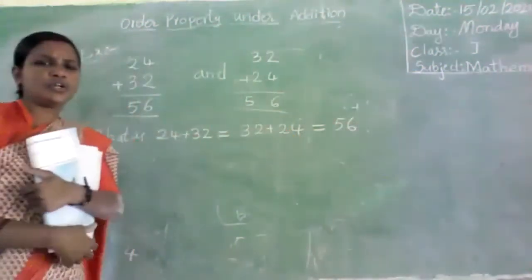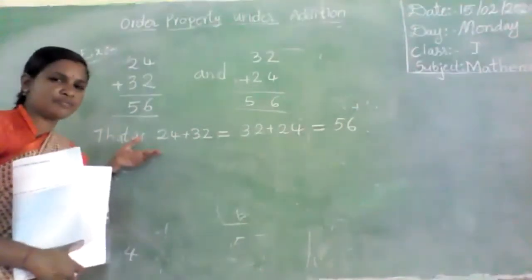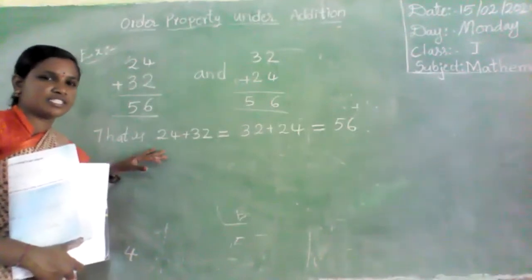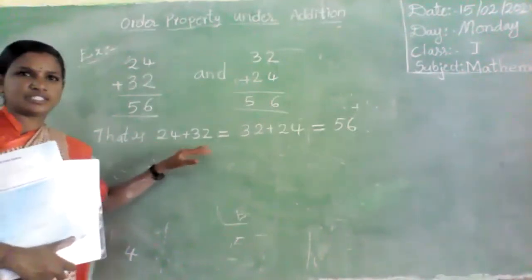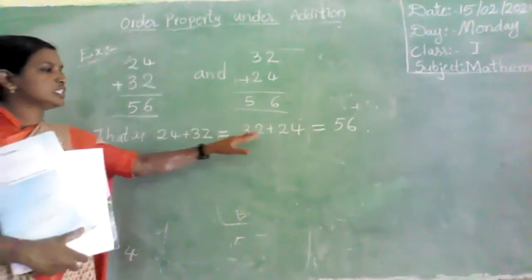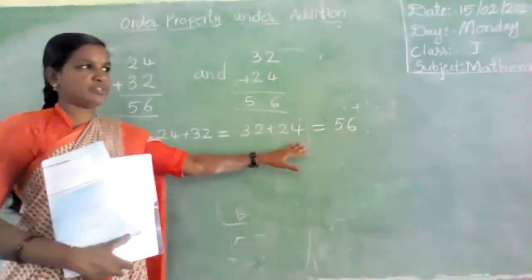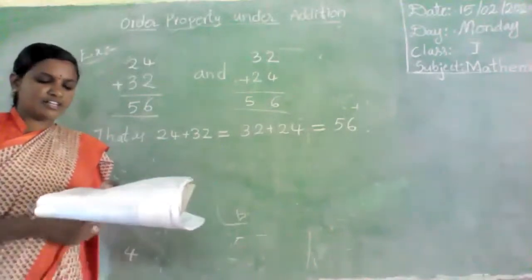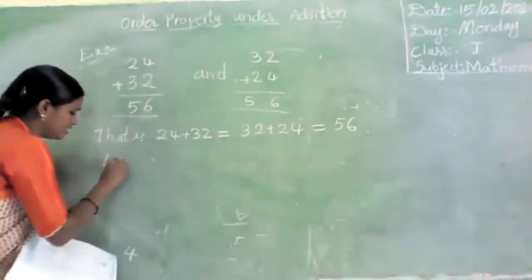So what do you notice from this exercise? See, children, 24 plus 32 is equal to 32 plus 24. What is the answer? 56. See what we learned?